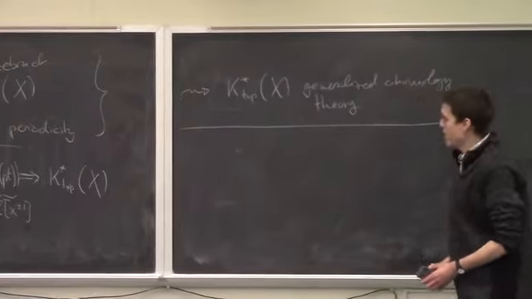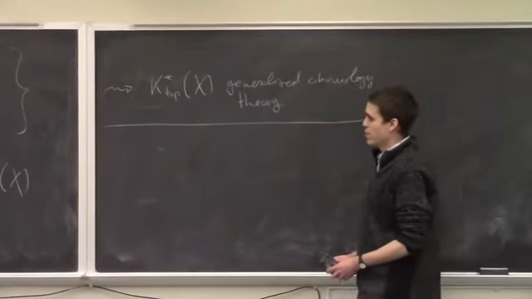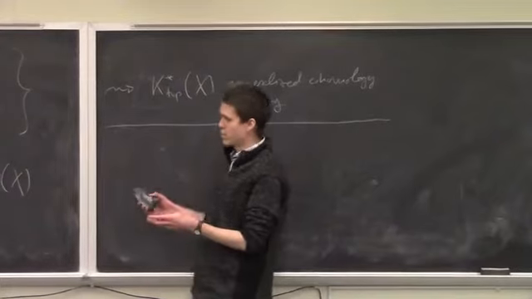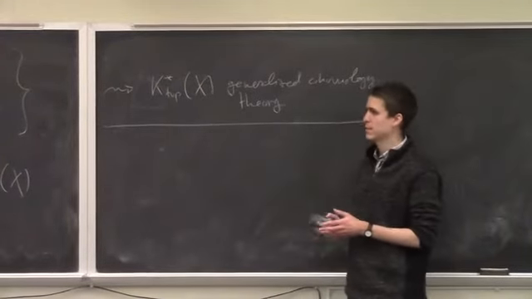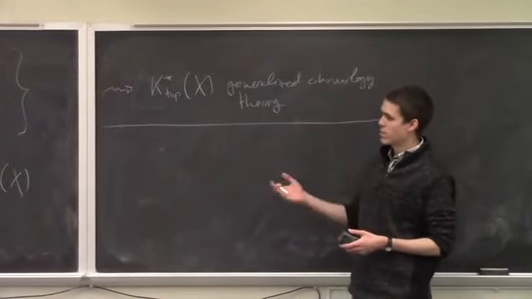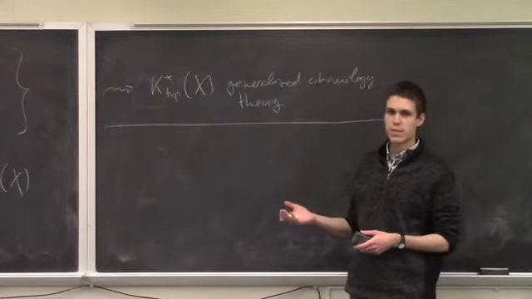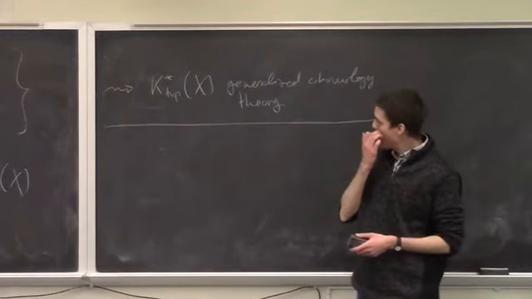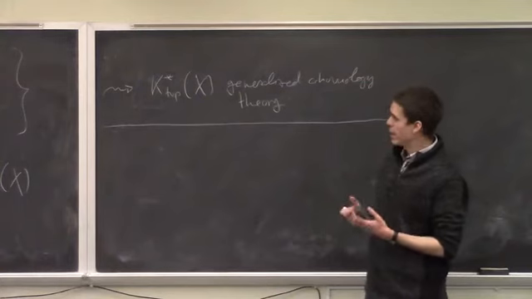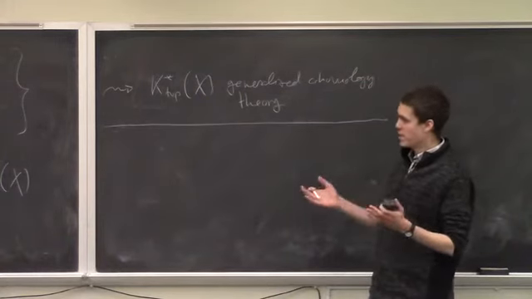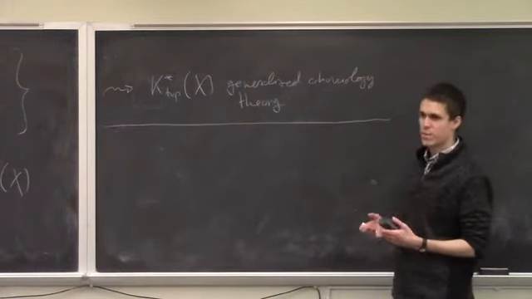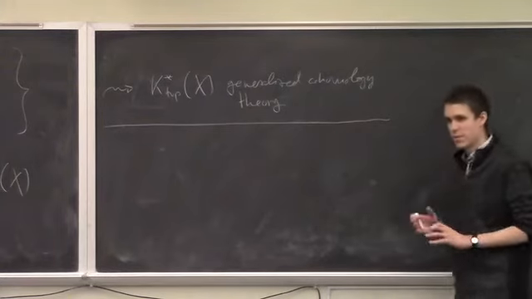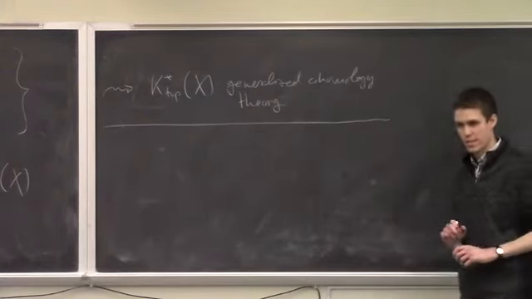So it took a while for this to happen. There was some progress in between. Bass defined K1 of varieties, and then Milnor defined K2. These three groups fit together as you would expect from a generalized cohomology theory. You had some exact sequences and things like that.